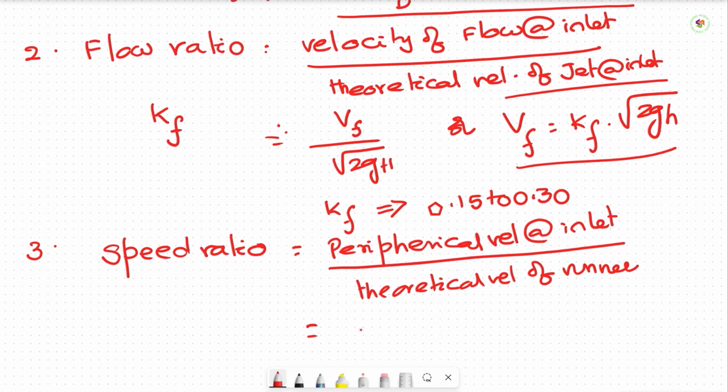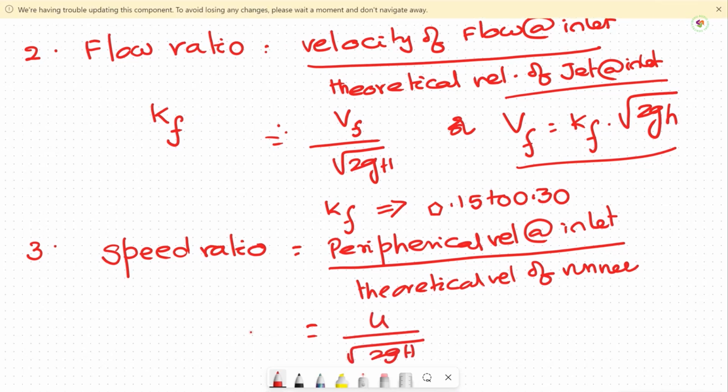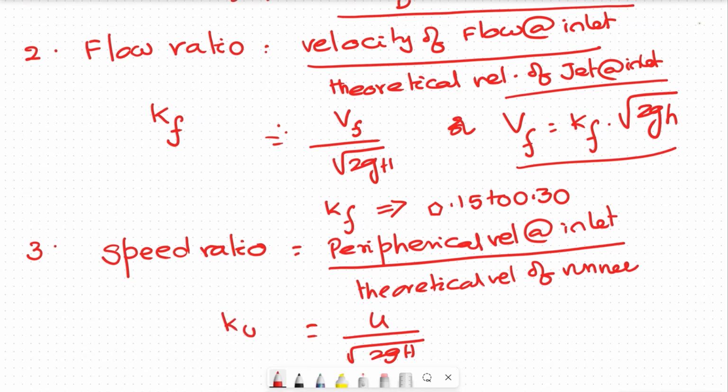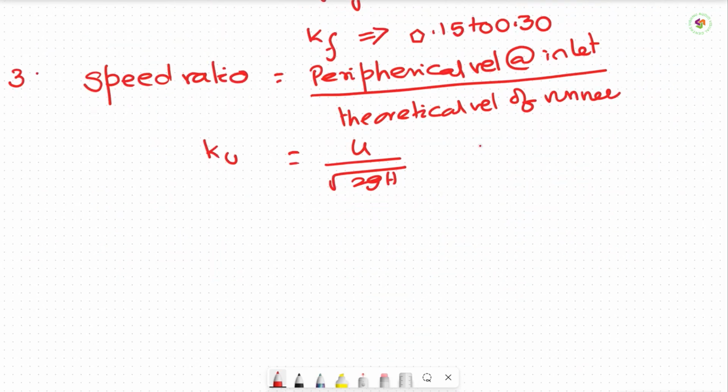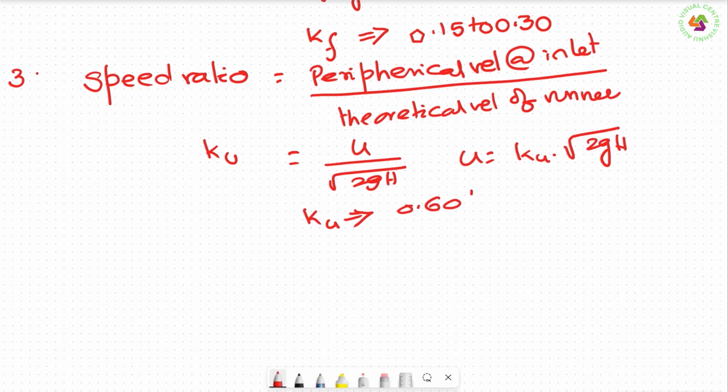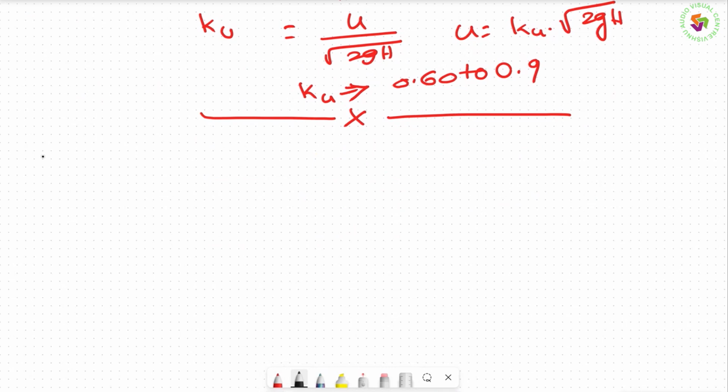That is equal to U divided by root 2gH, and this is called Ku. So U is equal to Ku into root 2gH, and the approximate value of Ku varies from 0.60 to 0.9. So these are all called the working proportions. Knowing these working proportions, we enter into the design of the Francis turbine runner.